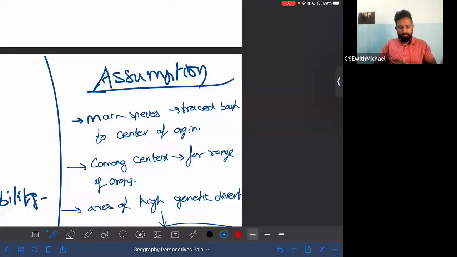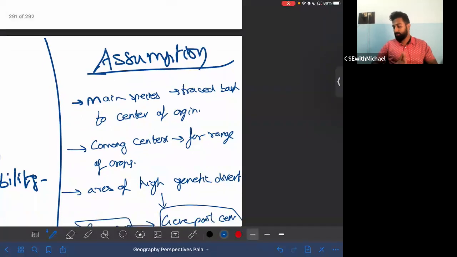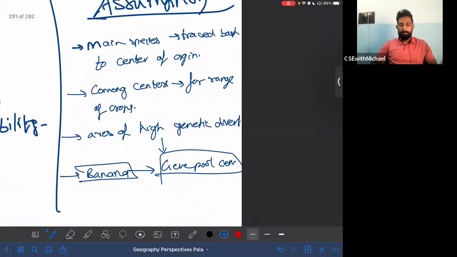Okay. Now, assumptions, just assumptions. First, main species could be traced back to one particular region, called centers of origin. Second, common centers: any particular center would be common for a range of crops, and these are areas of origin or evolution and centers of genetic diversity.